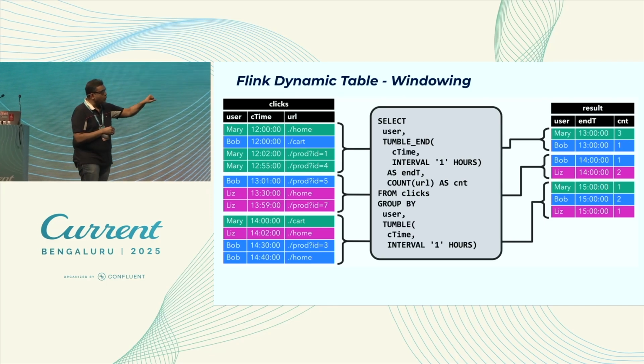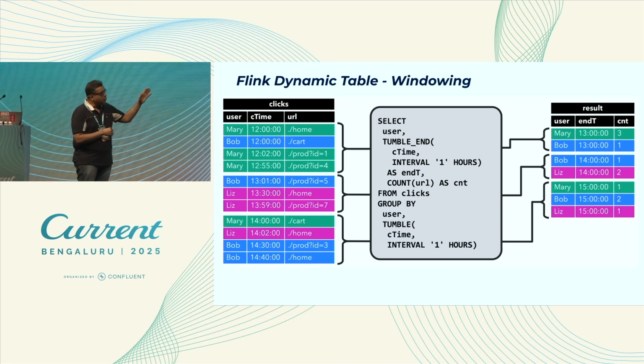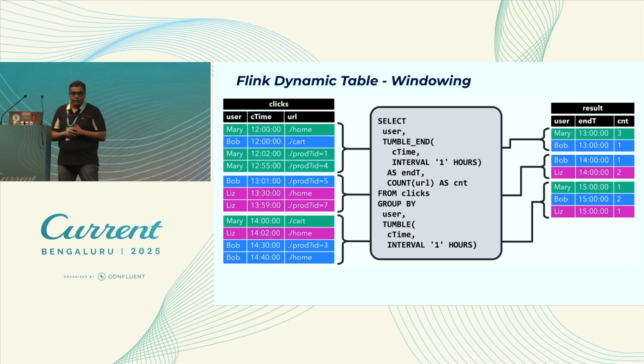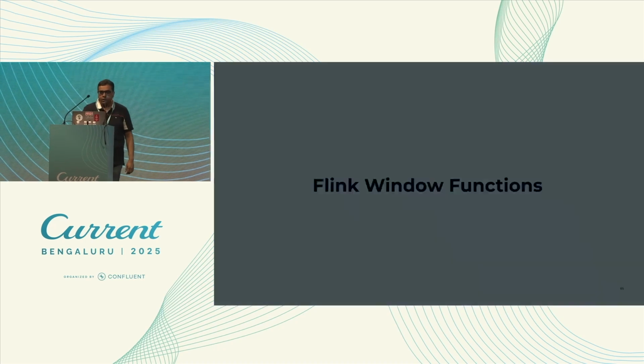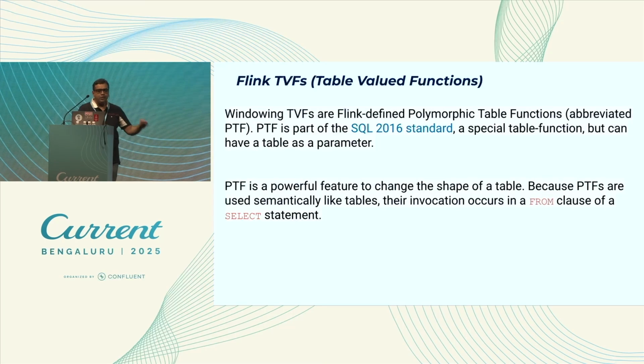And how do we show it? We show it using this syntax. We put the tumble end and the interval as 1 hour, and then we do a group by user. Again, we'll go back to the query. So, quickly doing a recap, as I told you, these are table valued functions.